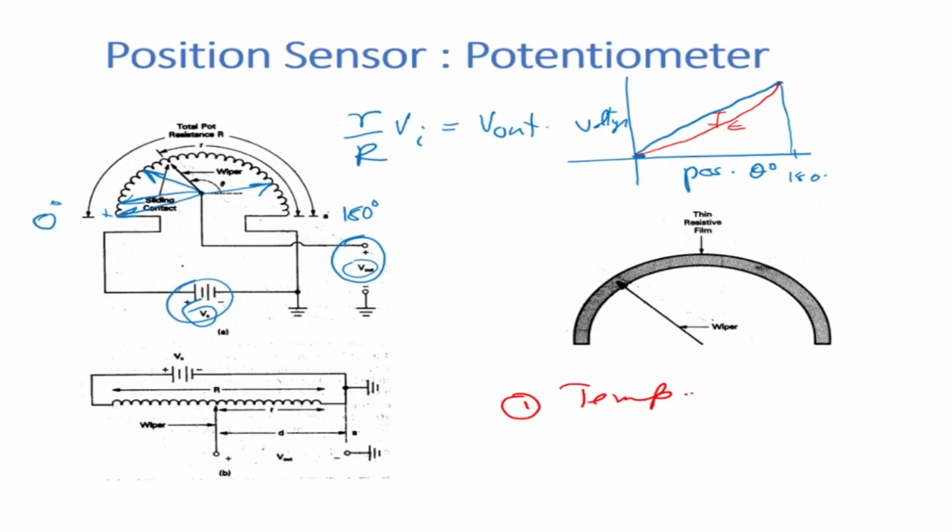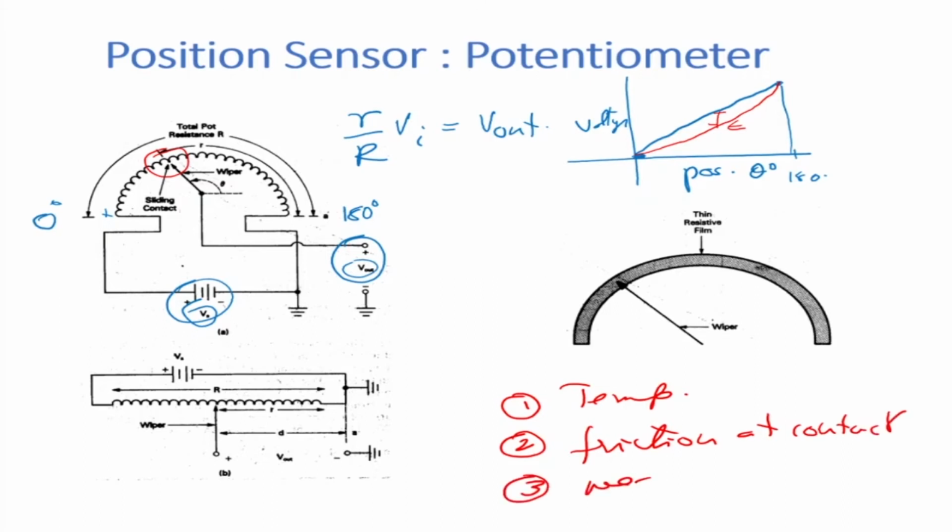A change in temperature will affect the resistance. Number two, there is physical contact at the wiper, so there is friction at contact. Number three, there is wear and tear as it is moving. Because of these reasons, voltage versus position is not exactly a straight line, and there will be some non-linearity in there.